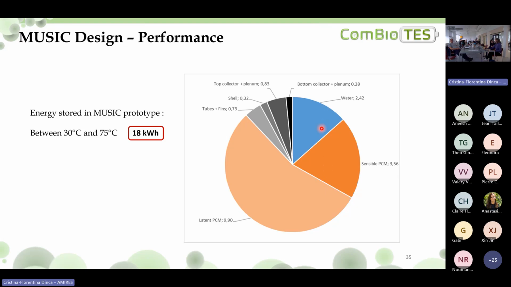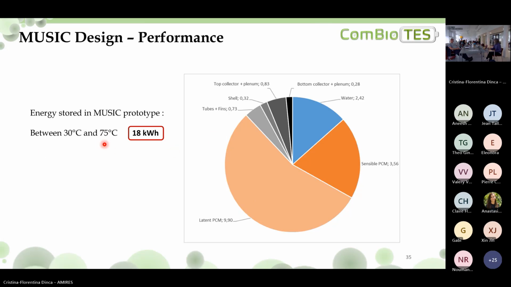The sensible energy of the water in the plenums and in the tubes is also quite large. And there is also sensible energy of all the metallic components, the tubes, the inserts, the fins, the plates, the shell, and so on. So 18 kilowatt hour, of which a little bit more than half is latent heat of the PCM. So this is between 30 and 75 degrees.